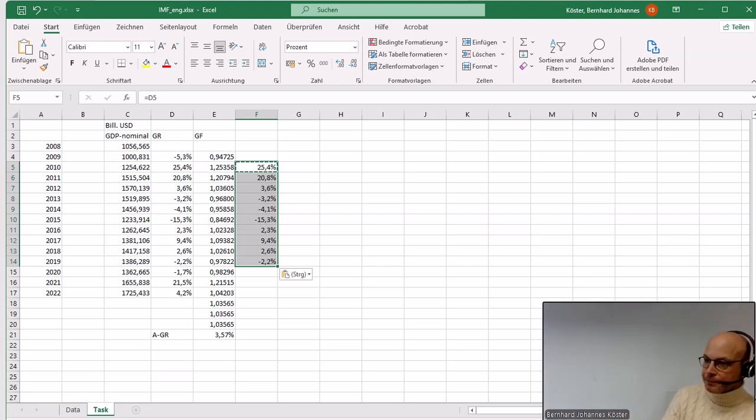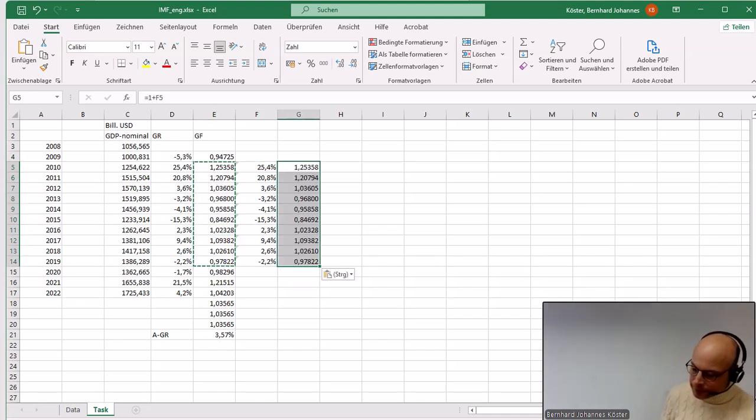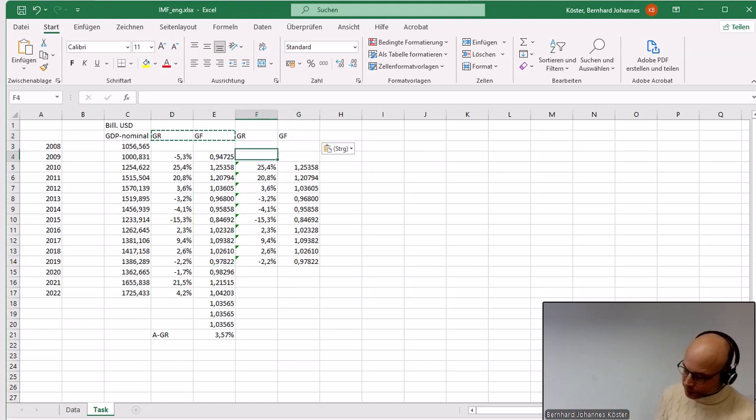Okay. And now I have to do everything in the same way as I have done it before. So calculating the growth factors. And now taking again the geometric mean, but now over the shorter period.